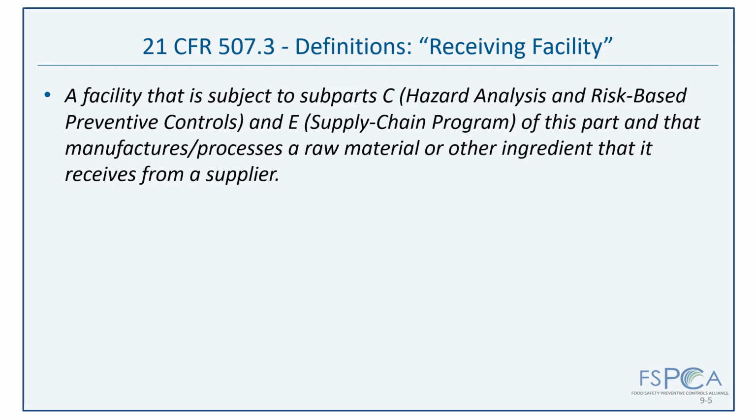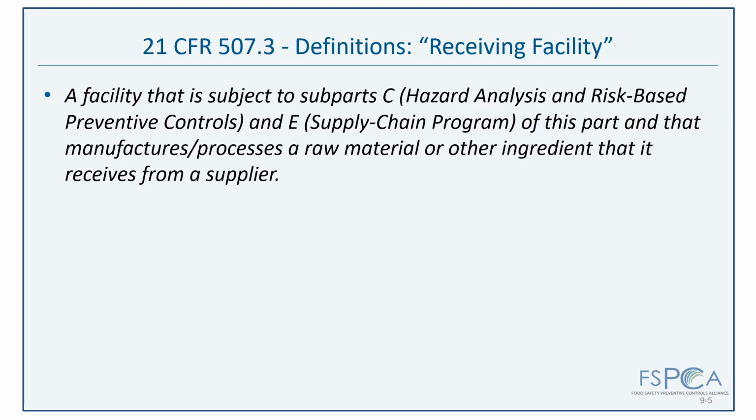Within this particular subpart, there are two really critical definitions: receiving facility and supplier. I think these are going to look different than what we've seen in the past. Here's the definition of a receiving facility.